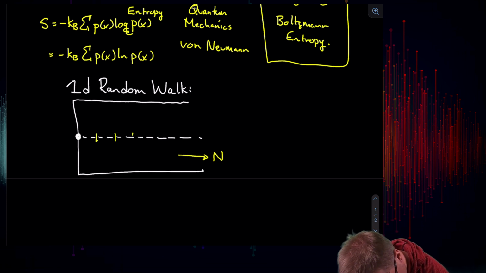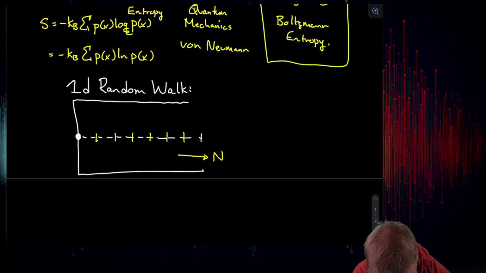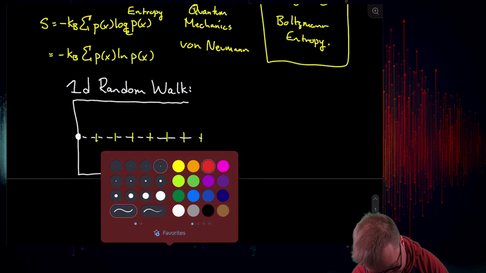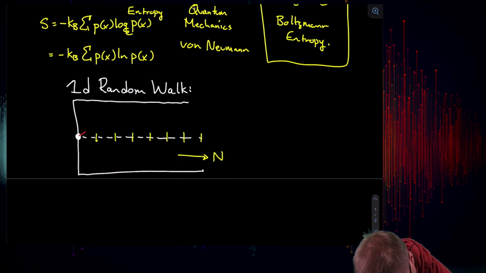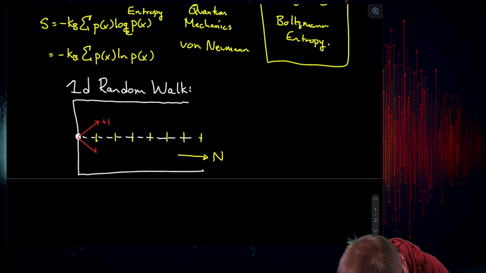So for every step, they're moving this way a certain distance. But remember, they were unsteady. And so for every step, they could move up or down a certain amount. So let's say that after one step, they could move up here +1, or they could move down here a distance -1.